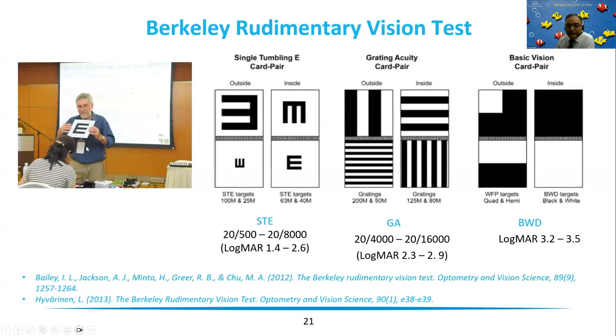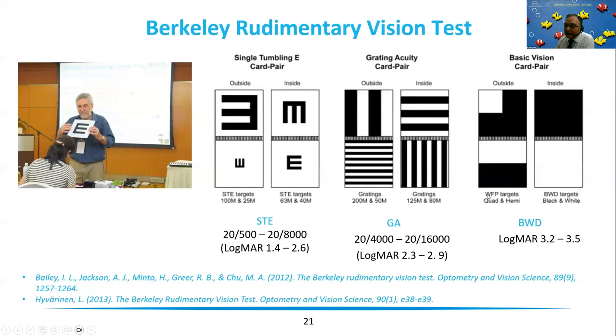He's demonstrating in one of the workshops how to make use of it. And then if the person is not able to read the largest optotype, which is of 100 M size at 25 centimeter, then you record with the grating acuity cards. And then if a person fails to identify or recognize the largest grating direction itself, then you go for the basic vision card pair, wherein the person has to identify which hemifield or which direction or where the white field is projected here.